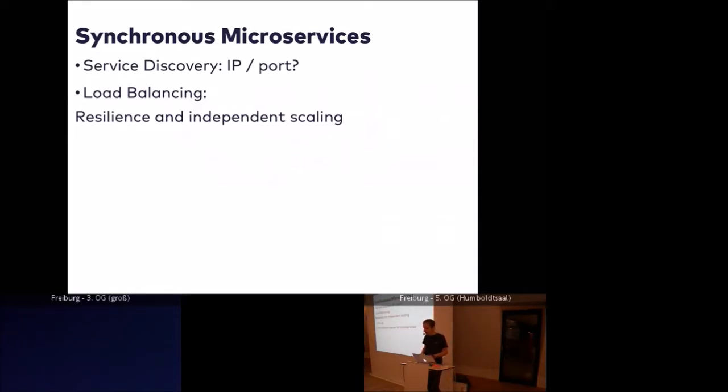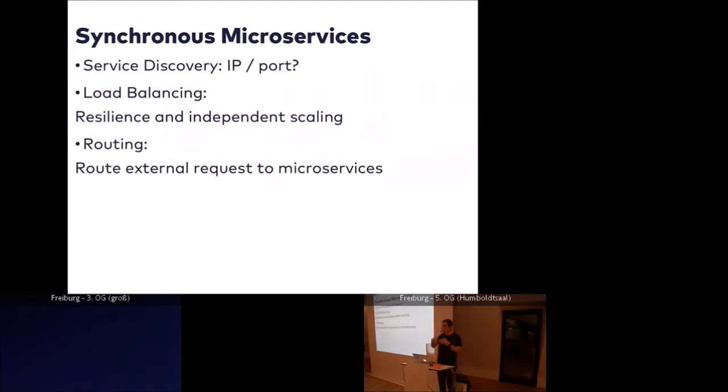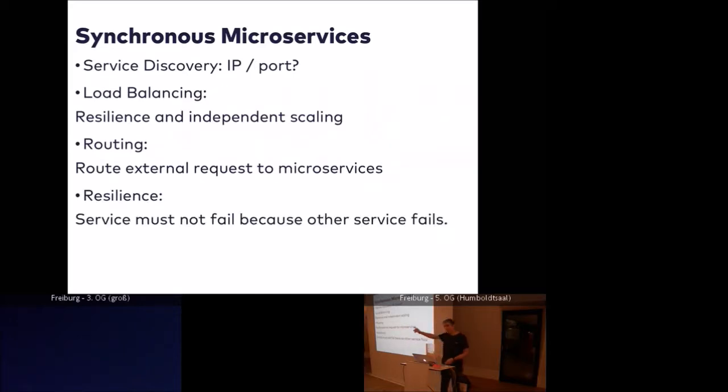Then there is routing. So probably I'm a huge system and incoming requests need to be forwarded to one of the microservices. So I need to have some routing in place for calls that come from the outside. While load balancing is really about calls between microservices. And finally, if that system fails, the customer system, I must not fail.